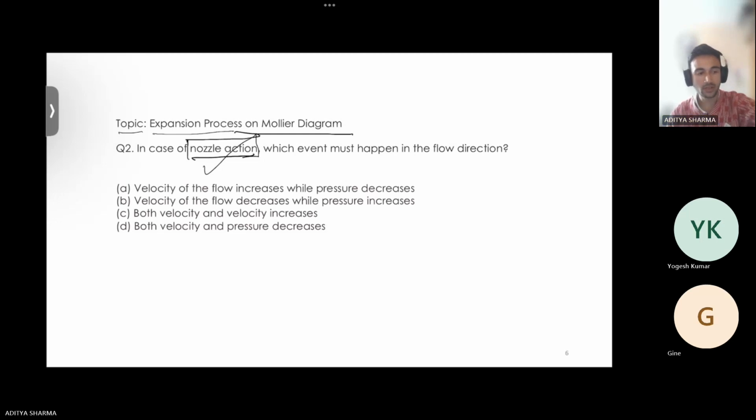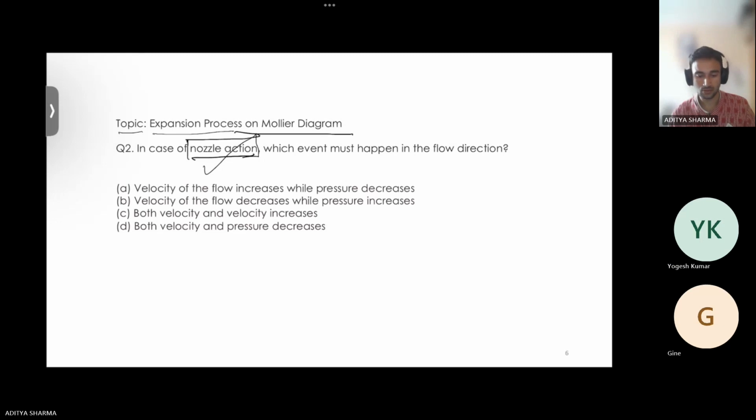What happens to static pressure decides whether your process is a compression process or an expansion process.